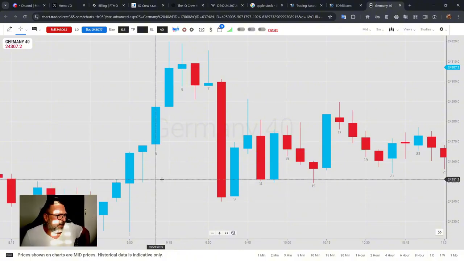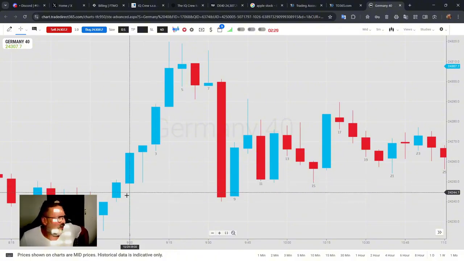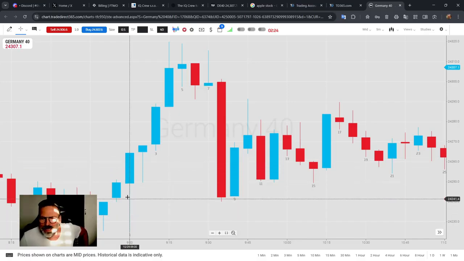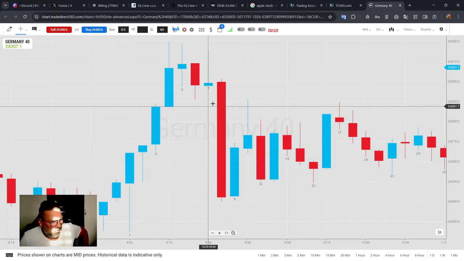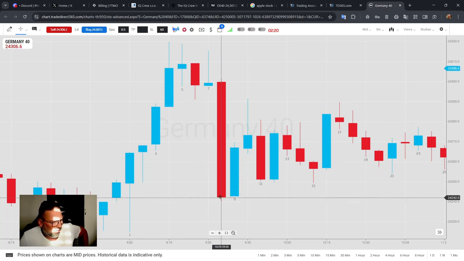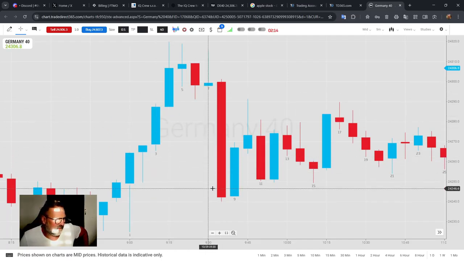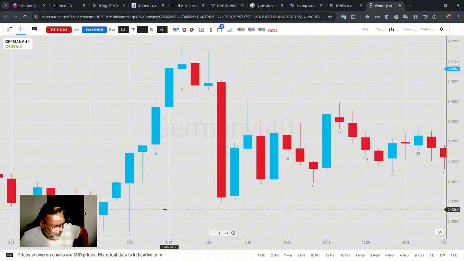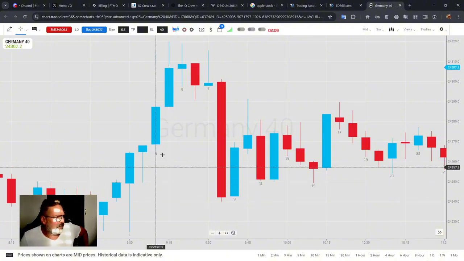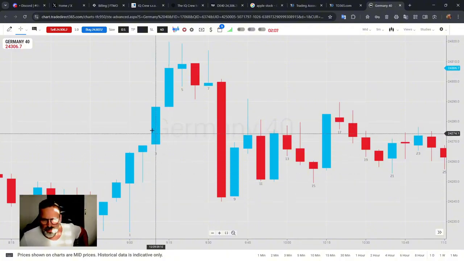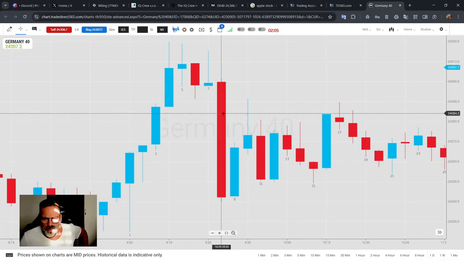So what else is here? You have bull bars where the market goes up, and you have bear bars where the market goes down. So my bull bars are blue and my bear bars are red.